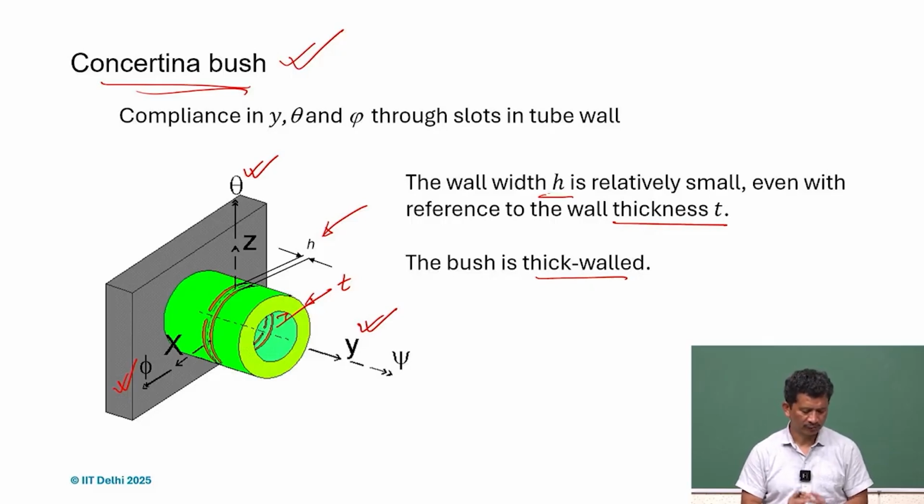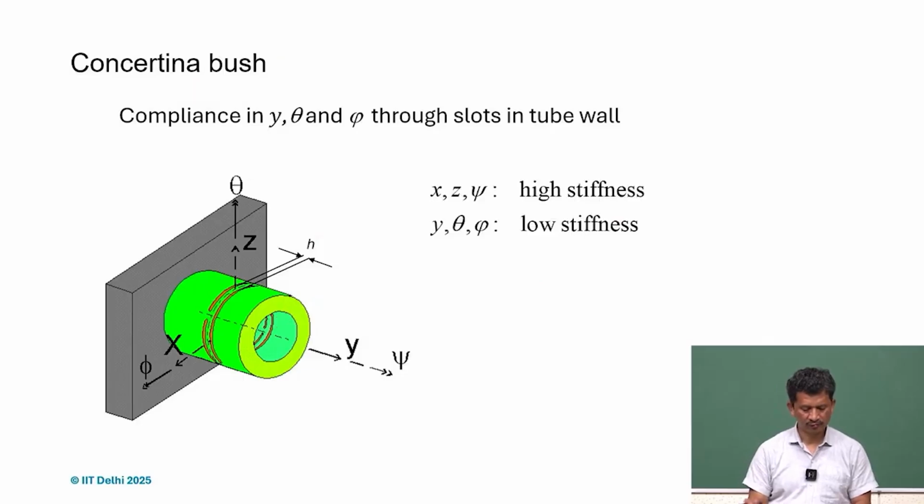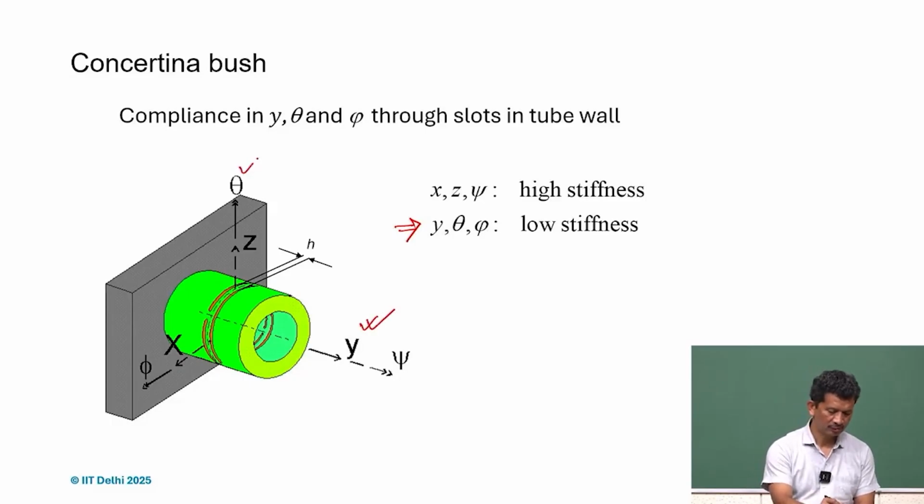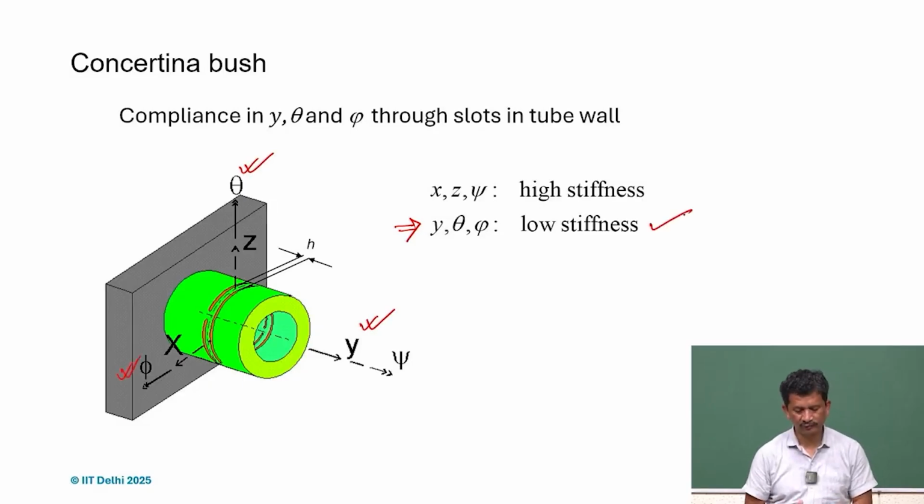So with this kind of arrangement, what we achieve is compliance along this direction, or we can say low stiffness in the y direction, theta and phi. Low stiffness means large compliance, so it can move.